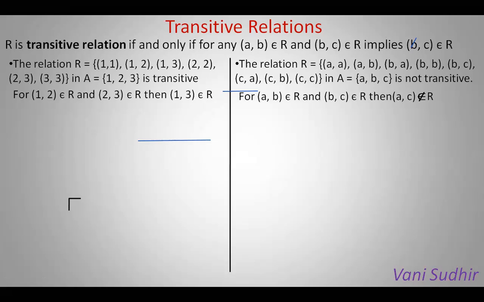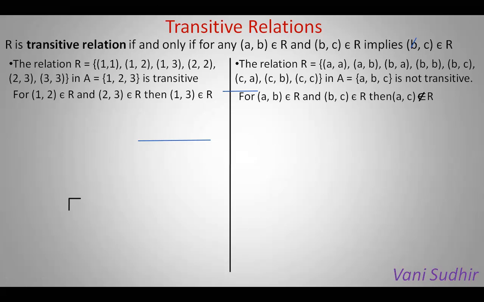Then C comma A is there, see. C comma A is there. Otherwise you can't say that it satisfies the transitive property. For any, if A is related to B and B is related to C, then A should be related to C, you have to say. That's it. Then it's a transitive relation.